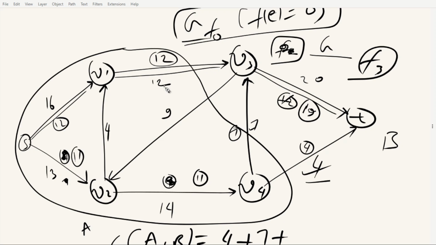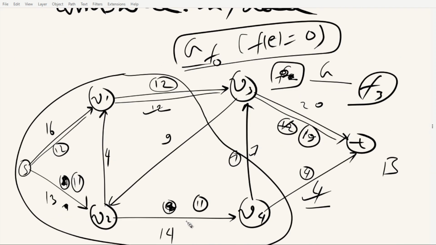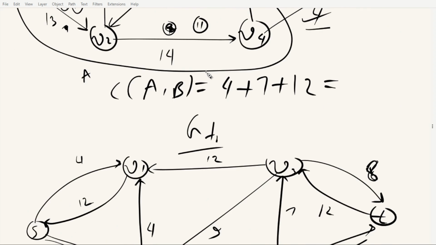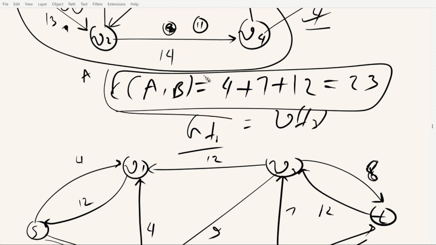This edge is going out and capacity is 12, plus 12. Any more? We do not have any other edges. So just compute it. Once again we get 23. This is also equal to the value of the flow, the final flow F3. So max flow is equal to min cut, and using the Ford-Fulkerson algorithm we can find both the maximum flow as well as the minimum cut.